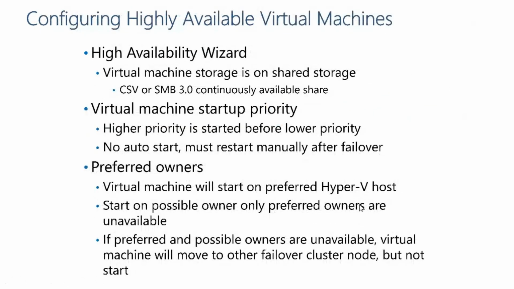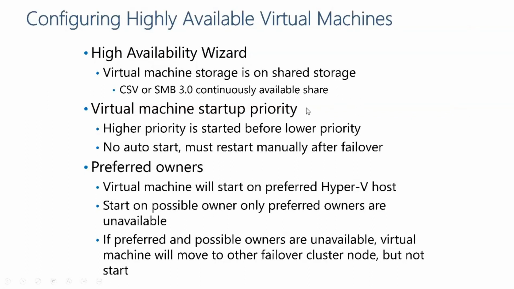When we're configuring the high availability virtual machines, the high availability wizard will determine that the virtual machine storage is on shared storage, like I said, a cluster shared volume, or an SMB 3 continuously available share.